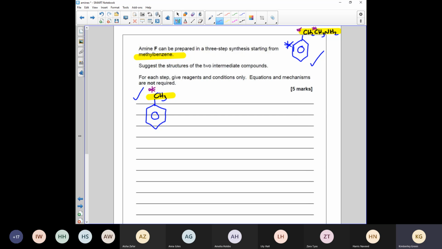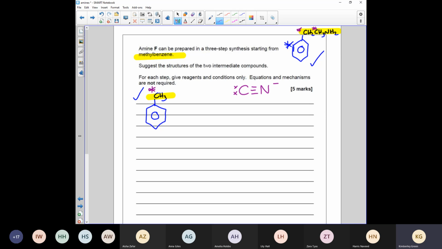Right, this is something that I always say to my classes. If you are forming an amine where there's been an increase in the carbon chain, there must have been a nitrile involved. So if you can't remember what a nitrile is, it's this.